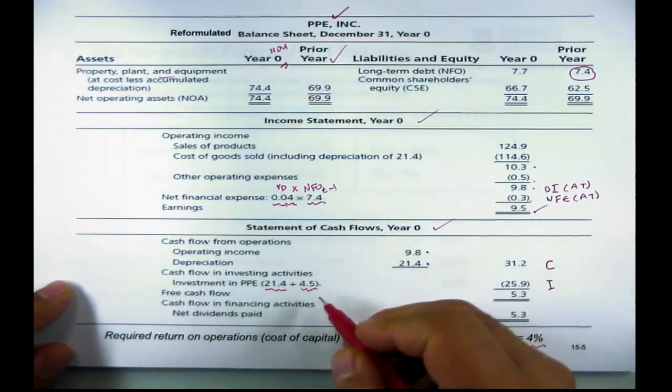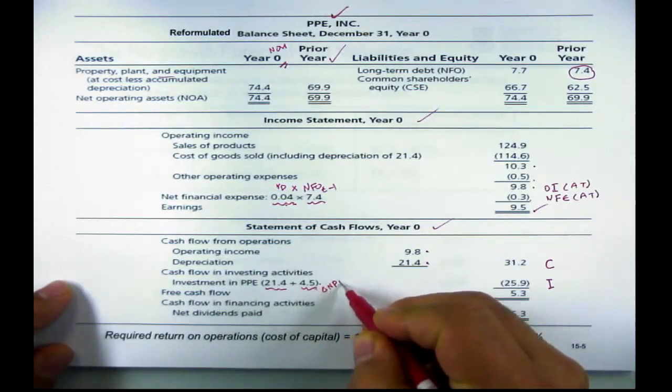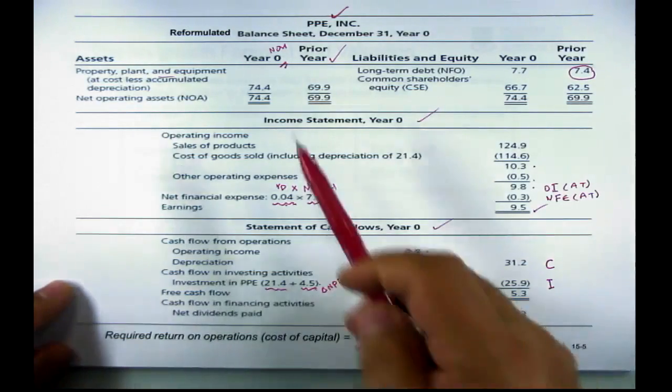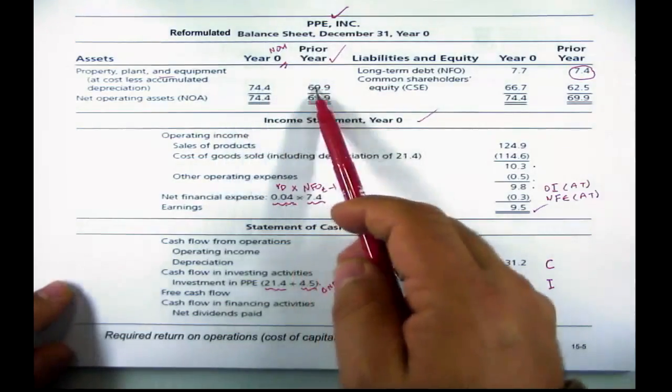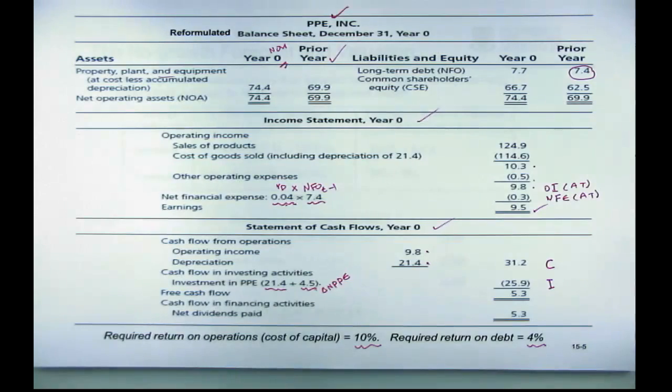This is the change in the net property, plant, and equipment. This one minus this gives you 4.5. Adding the amount of depreciation, this will give you how much investment was made from last year until this year, okay?